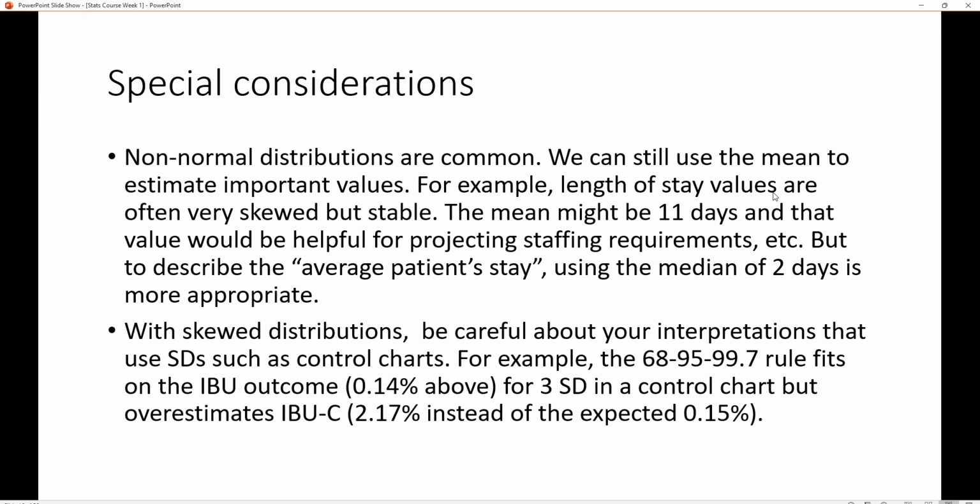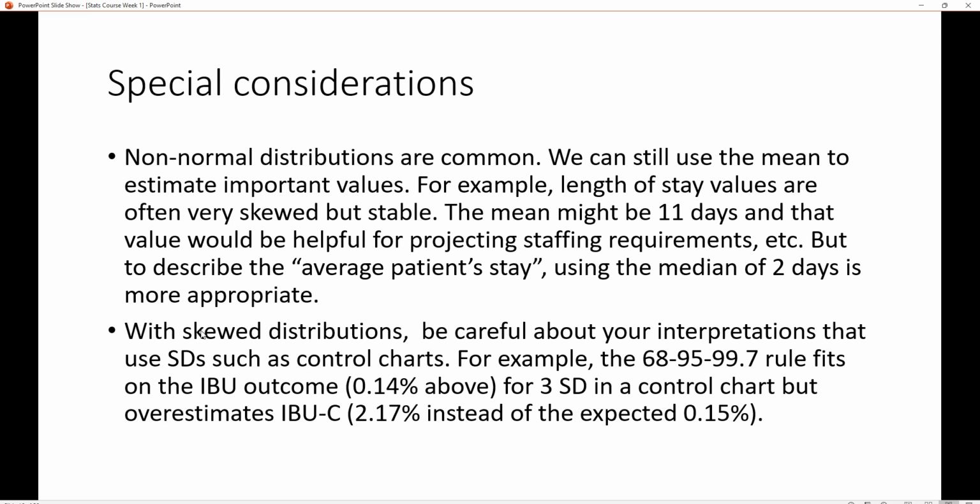We can still use the mean to estimate important values. For example, length of stay values are often very skewed but stable over time. The mean might be 11 days, and that value would be helpful for projecting staff requirements and so on. But to describe the average patient stay, using the median of 2 days is more appropriate.